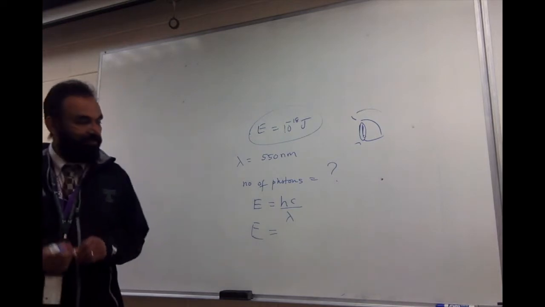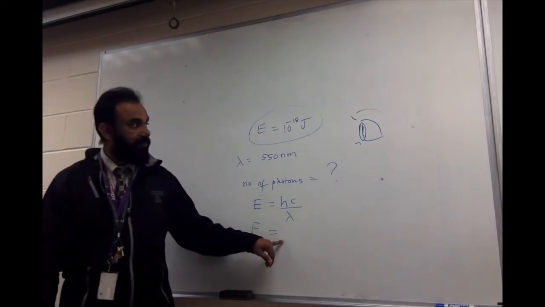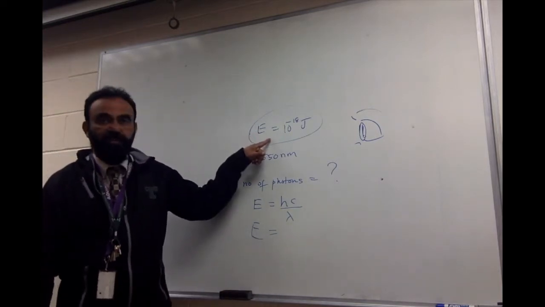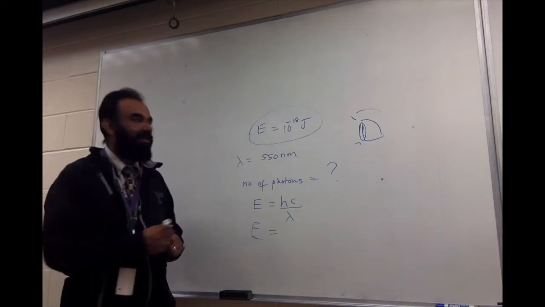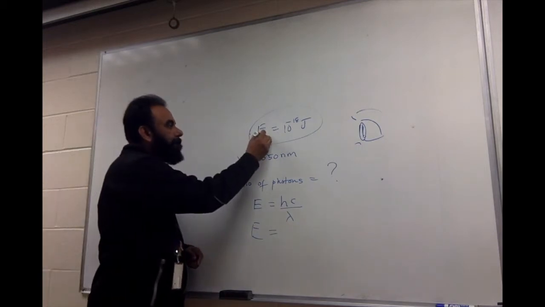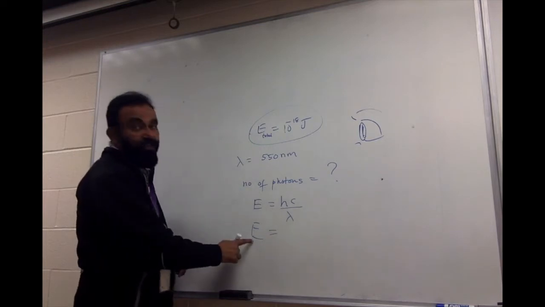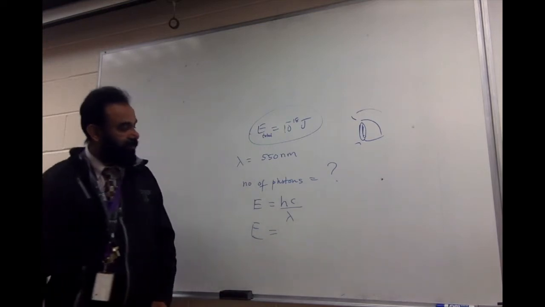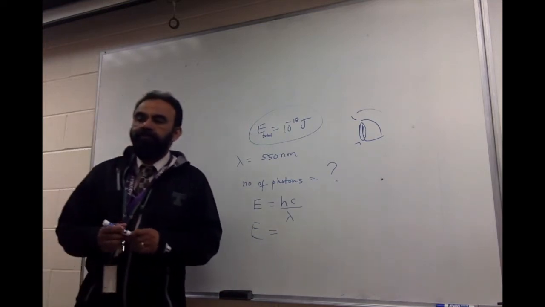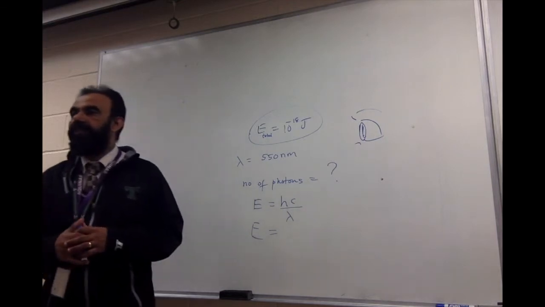Do that, and once you have this energy, and this is the total required, you can figure that out. First find this, and that's the total energy required for sensing something. And this is the energy of each photon. What do you get?